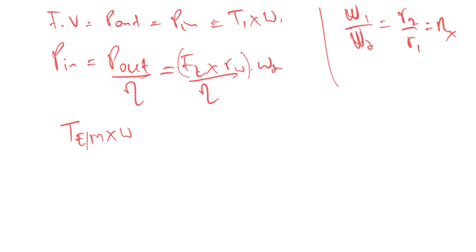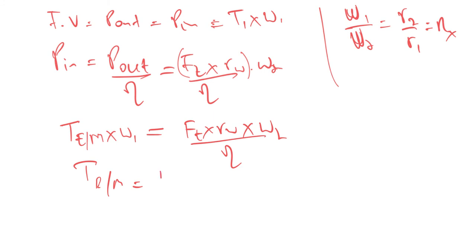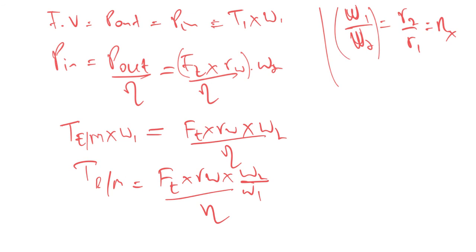So this is omega 2, this is omega 1, equals Ft times r times omega 2 over the efficiency. Our TE now equals tractive force times radius of the wheel times omega 2 over omega 1 times efficiency. Now what did we say? Omega 1 over omega 2 is the gear ratio.